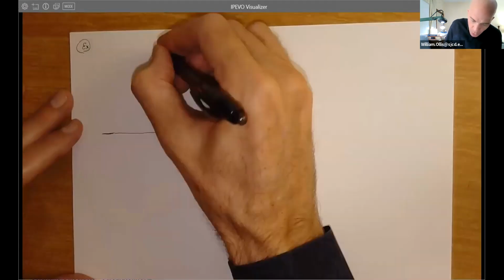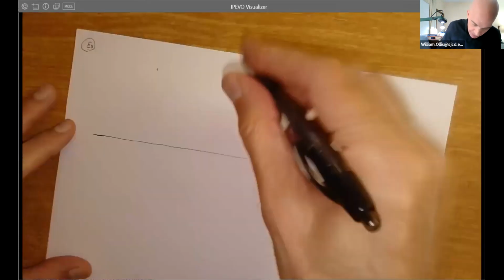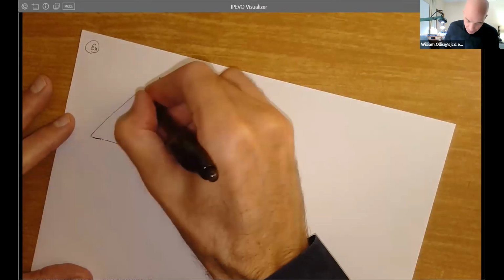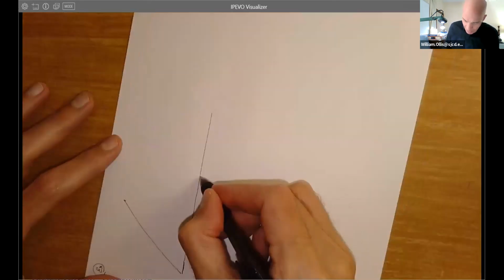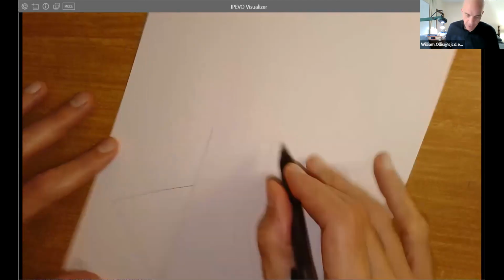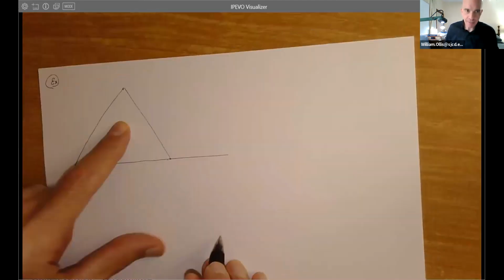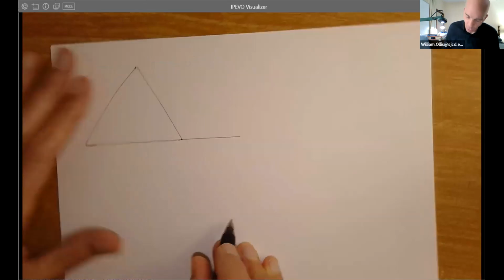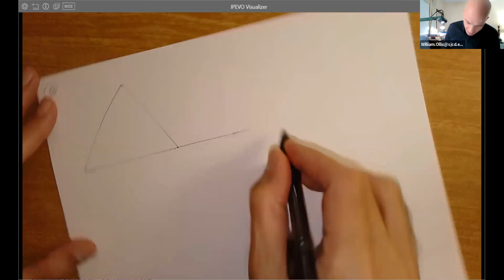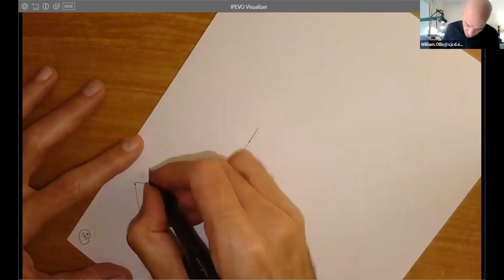So one of the triangles is going to be isosceles. So we're going to do our best isosceles. So this is going to be isosceles, not Rembrandt, of course, but you know we'll use our imagination. And then we're going to connect to make another triangle.